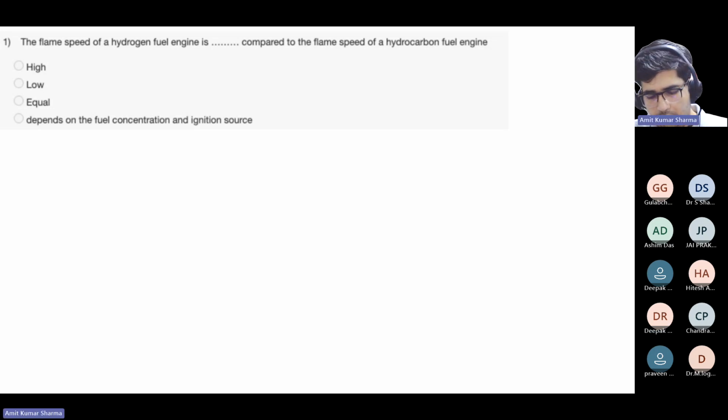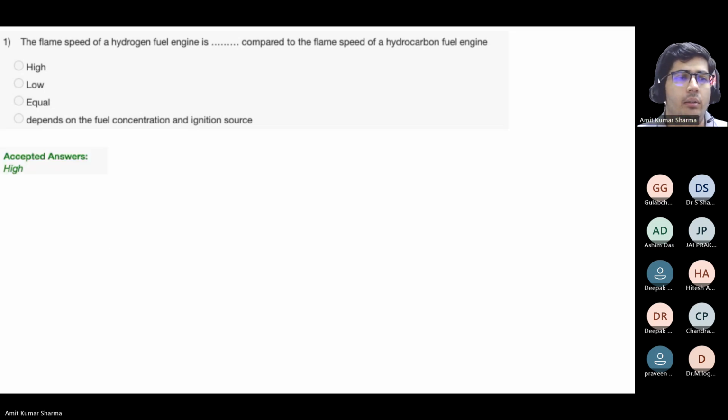How much higher? Almost 10 times higher. The flame speed of a hydrogen fuel engine is high compared to the flame speed of a hydrocarbon fuel engine.